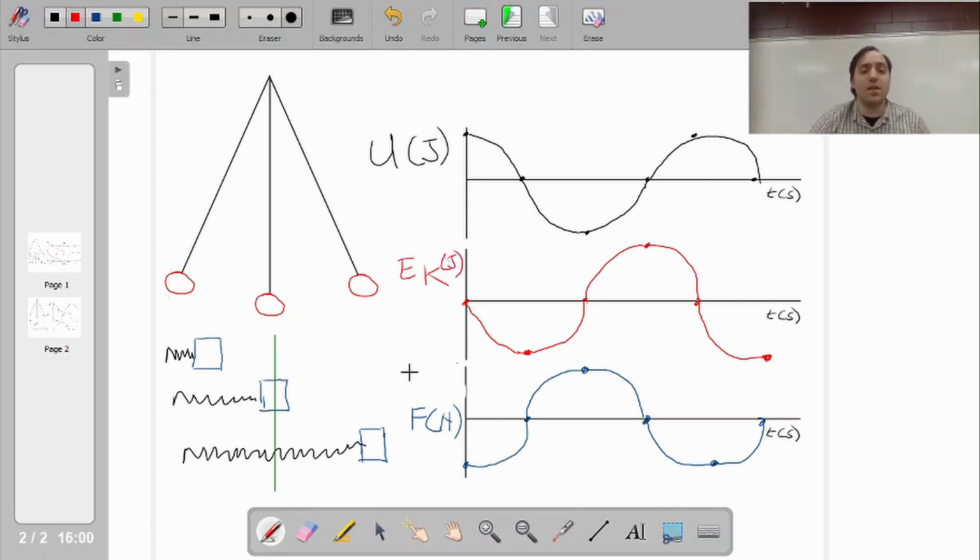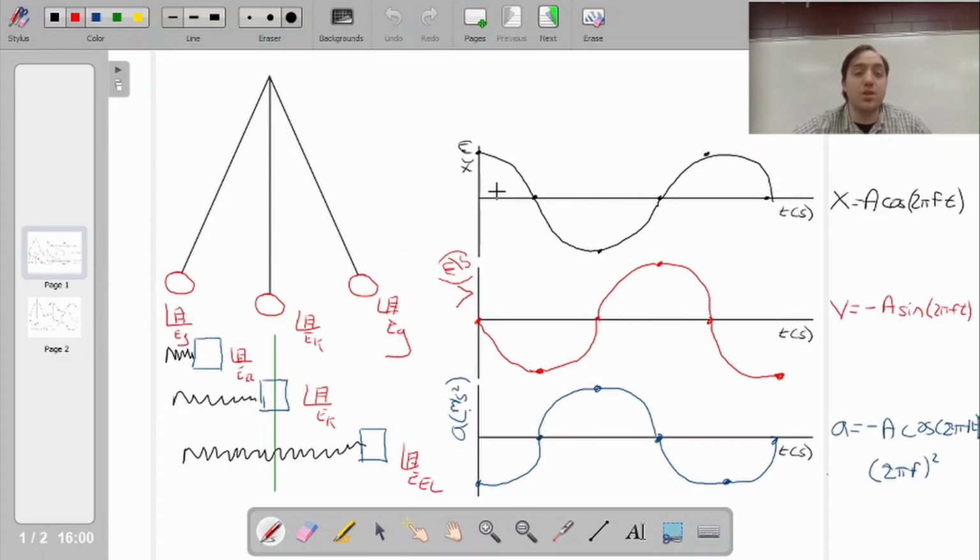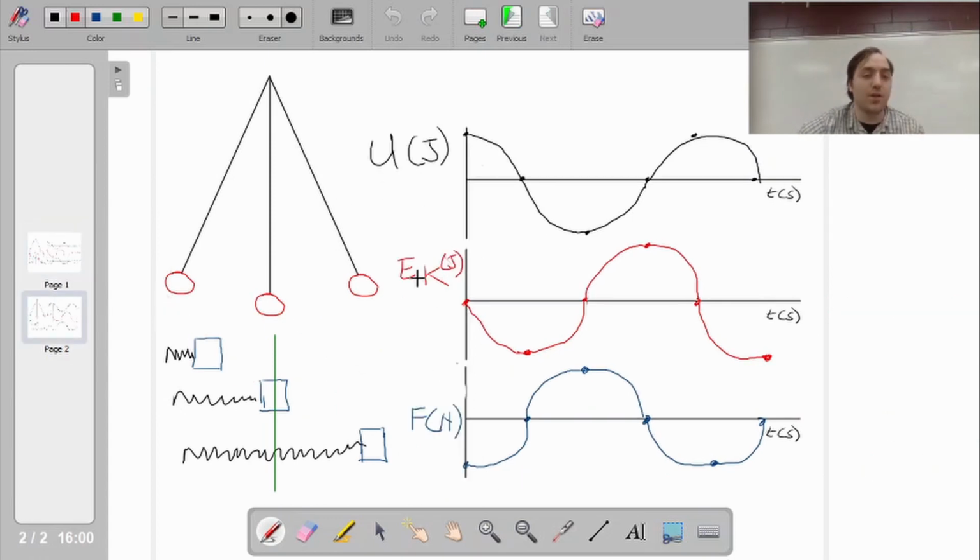And so we can see how the patterns that we see for position, velocity, and acceleration directly carry over to potential energy, kinetic energy, and normal force. And by knowing where any one of these are at, you can make inferences about the rest in simple harmonic motion.